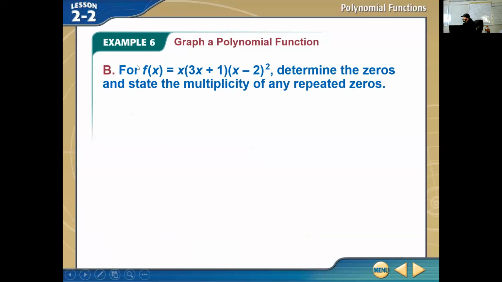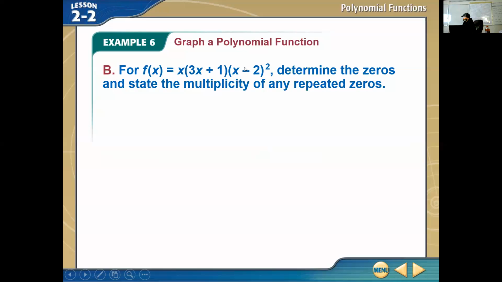For part b, for f of x, which is equal to x times 3x plus 1 times x minus 2 squared, determine the zeros and state the multiplicity of any repeated zeros. In this case, they want us to use the zero product property and set each of these equal to 0. Once we set this equal to 0, we're going to have x equals 0. Once we set this equal to 0, we're going to have x equals negative 1/3.